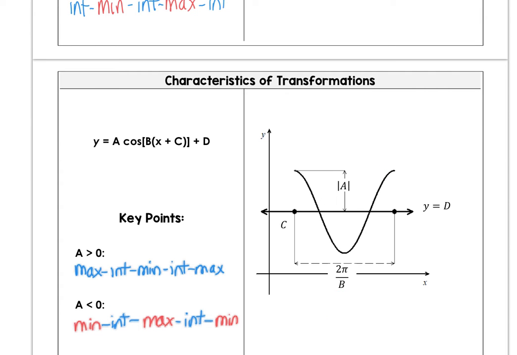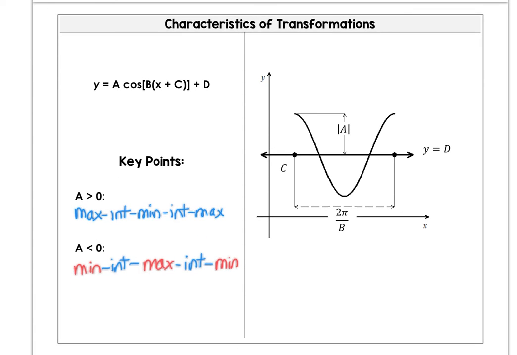In a similar fashion, we also saw that when we had the cosine function, the key points when the amplitude was positive for cosine began with a maximum, an intercept, a minimum, an intercept, and a maximum. But when we had a negative A value, our graph reflected across the x-axis, and we had key points that started with a minimum, then an intercept, maximum, intercept, and minimum.